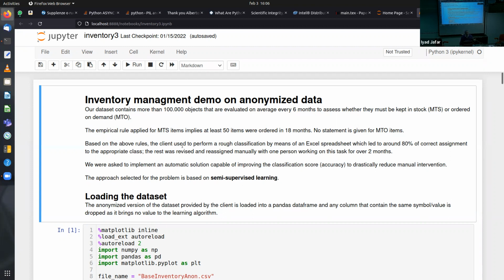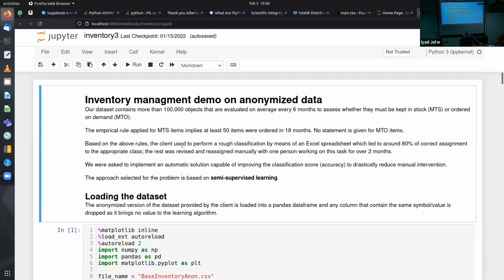The other one is make to order. So it means that I do not want to keep this stuff in my storage, in my warehouse, because it is too expensive. It is too big. There are a lot of problems in keeping this as supply. And so as long as we have a new order that requires this component, we order this. And so this is my idea of on demand, okay?